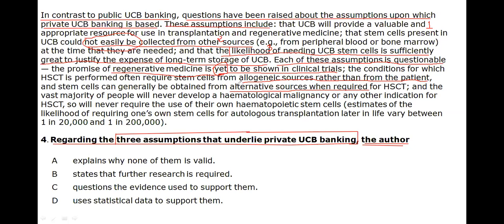And the third argument was that the likelihood is very high as compared to the expense. So the writer says the vast majority of people will never develop a hematological malignancy or any other indication and will never require the use of it. You see the language, yes, quite strong opposition to each of the assumptions, isn't it? When they use words like vast majority, never require.